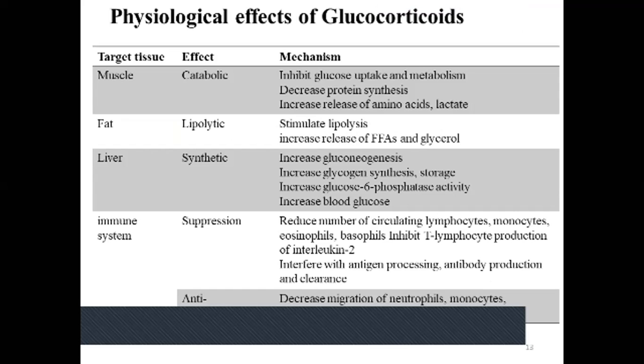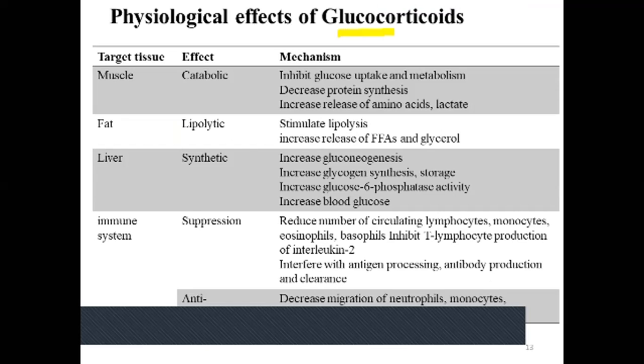Then the next slide shows you the physiological effect of glucocorticoids. By the way, before we see the physiological effect of glucocorticoids, we are not going to discuss the disorders. So what is the role of glucocorticoids?